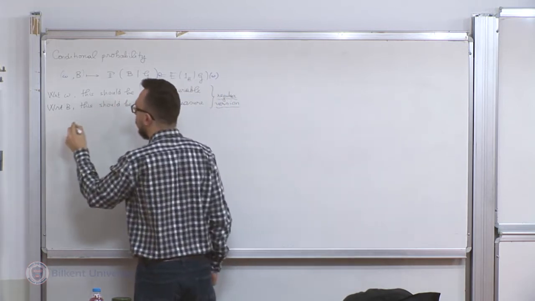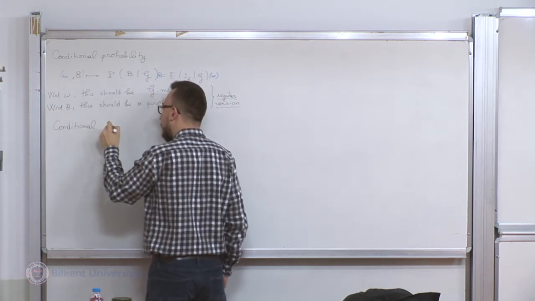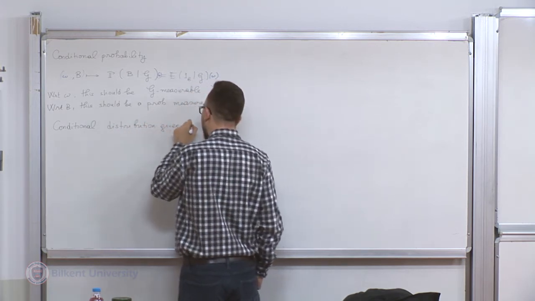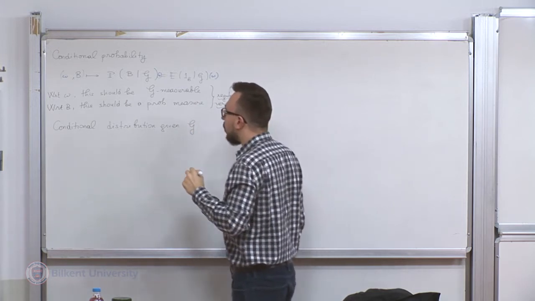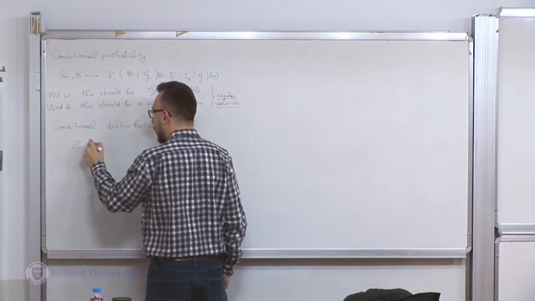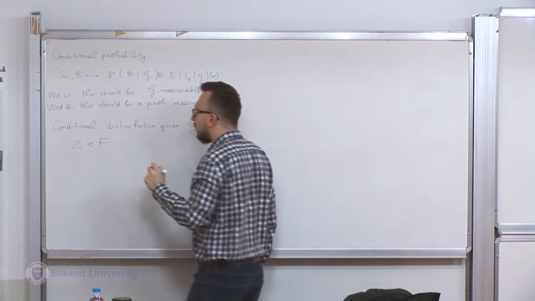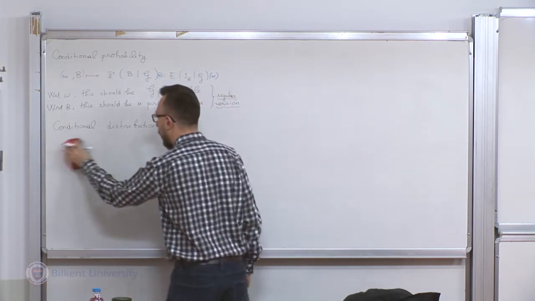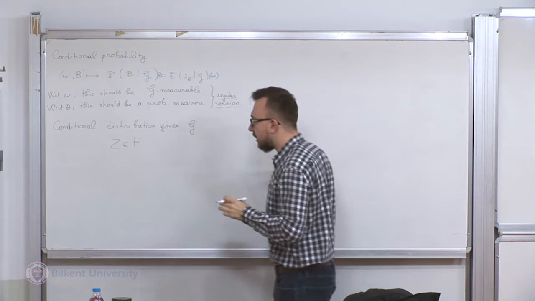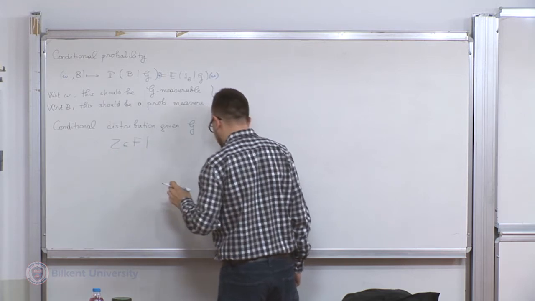And using this construction, we also talked about conditional distribution of a random variable given G. So if you have some random variable, let's say Z, taking values in some abstract space, you're interested in conditional probabilities of Z taking values in certain sets coming from the sigma algebra of the measurable space that this random variable is taking values in.